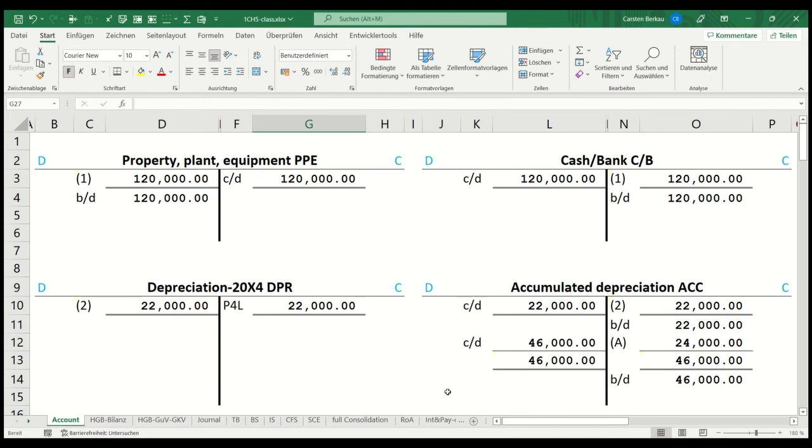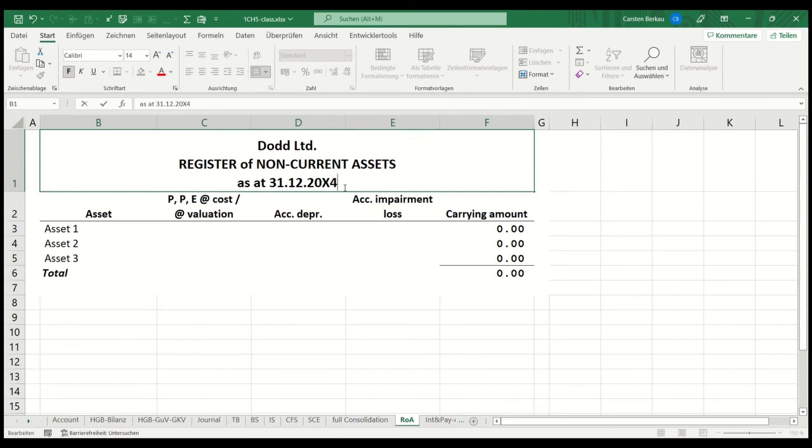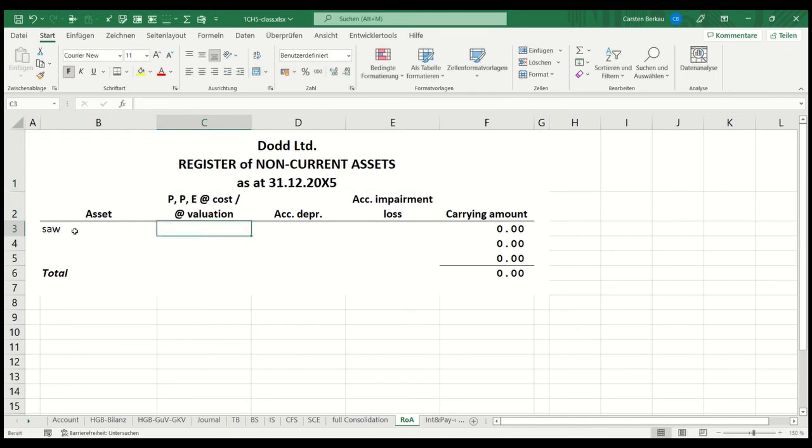In terms of the non-current asset, we have to disclose it in the register of non-current assets. We record the register of the non-current asset as of the 31st of December in 2005. The cost of acquisition is 120,000, and we have to deduct the value as we can find it in the accumulated depreciation account. As we have to deduct it, we use a minus sign.